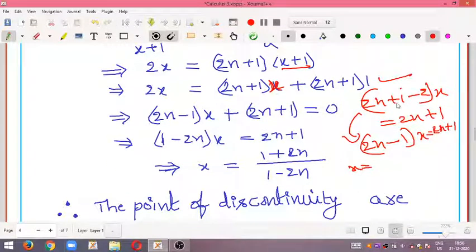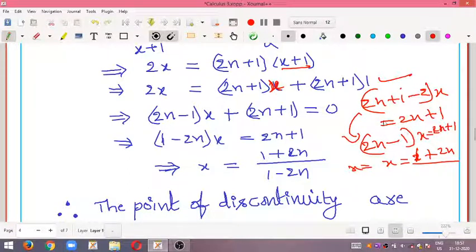See here, we want the x value, so x is equal to (1 plus 2n) by (1 minus 2n).